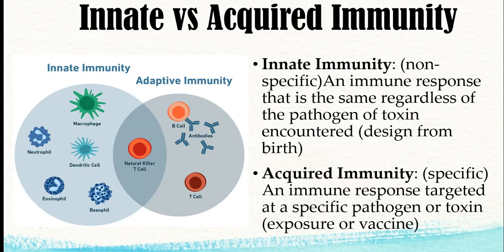But it's going to take longer. The immune response is targeted to a specific pathogen or a toxin. So in this particular case, it can only do that if it's already been exposed to it. All right, we'll be looking at the details of this complex thing that goes on, and we'll be looking at the idea of vaccines here in just a minute.